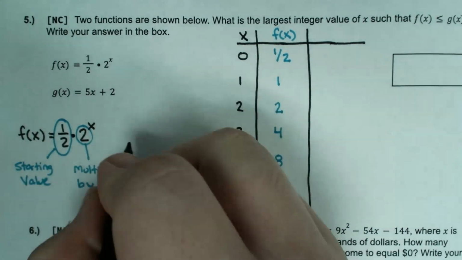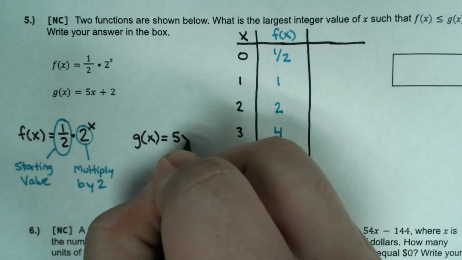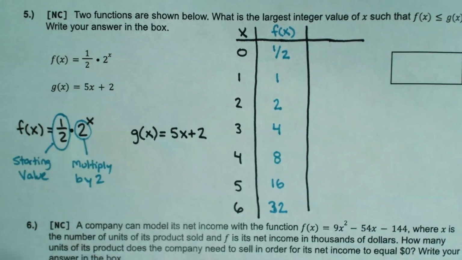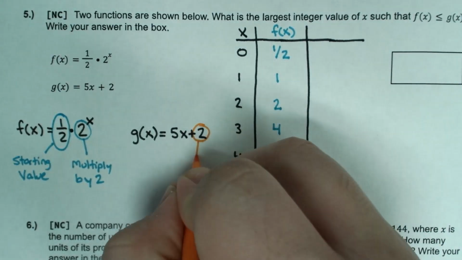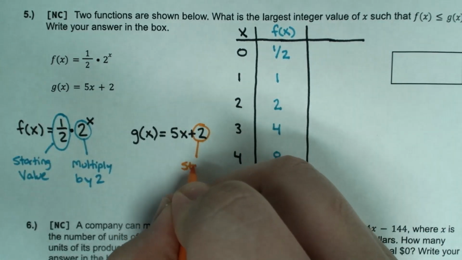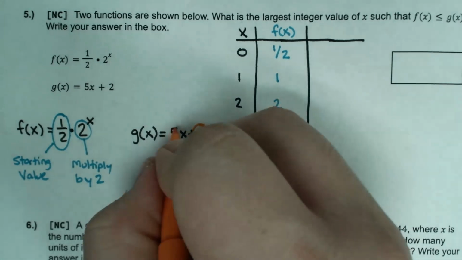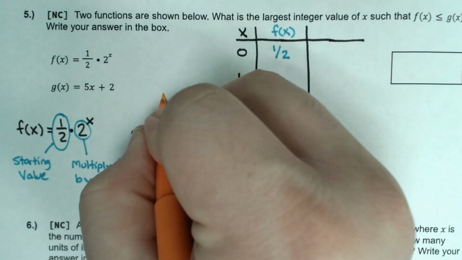g of x is a linear function. And it also gives a bunch of information away about its pattern of y values. 2 is our y-intercept, which is our starting value. That 5 is our slope, which just means add 5.